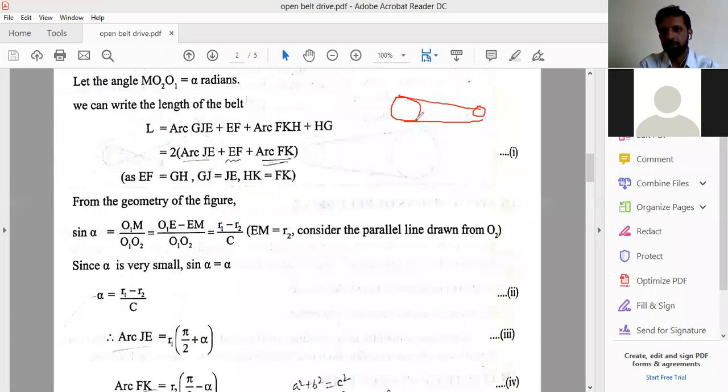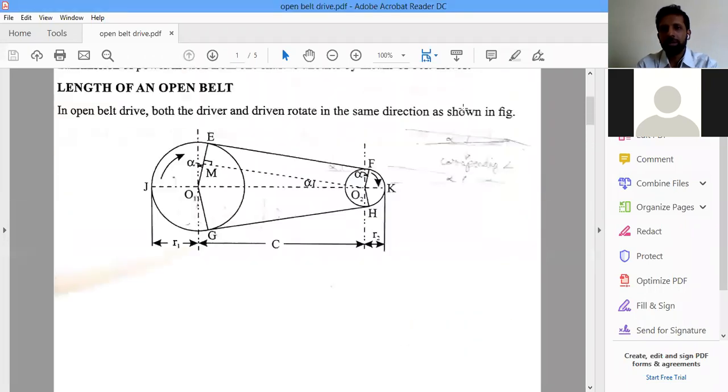G is over here, J, E, so arc GJE, then E to F is here, FKH is over here on the smaller circumference of the pulley, and HG is over here, right? So one complete cycle. Now if you group this, we have two arcs, so we'll just take only one portion of this, because the other half is just the mirror image of this.